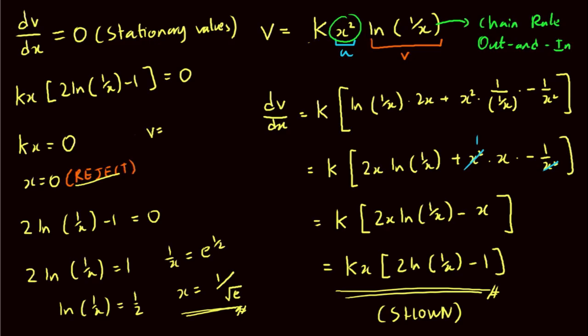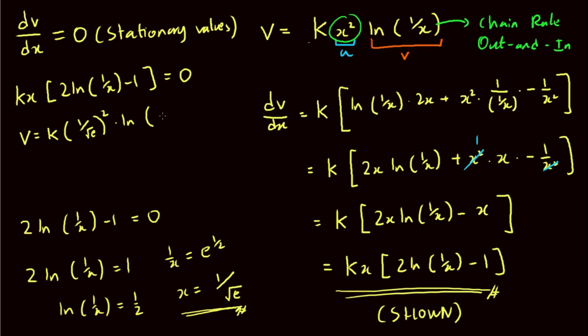So let me erase this first. So let me erase this one. We can have 0. So in this case, our v would be k, of course, 1 over root e squared times ln 1 over x, which is just simply root e, right?